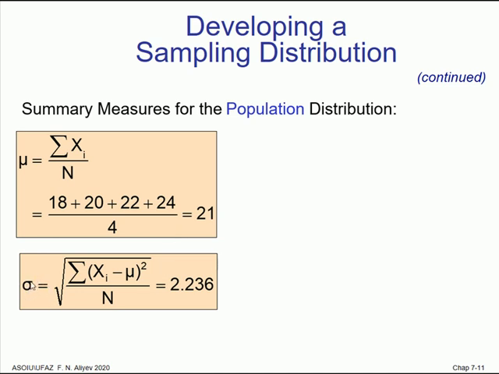Sigma represents the population standard deviation, and the difference between sample standard deviation and population standard deviation is the denominator. In the denominator of population we have n, but for sample we have n minus 1. Calculated using this formula, it gives us 2.236.